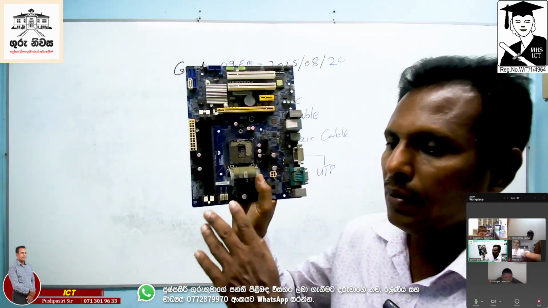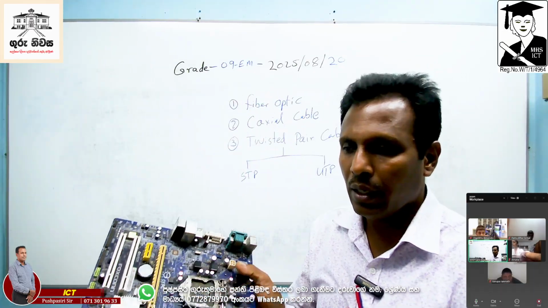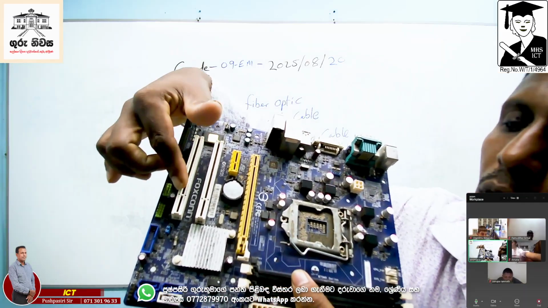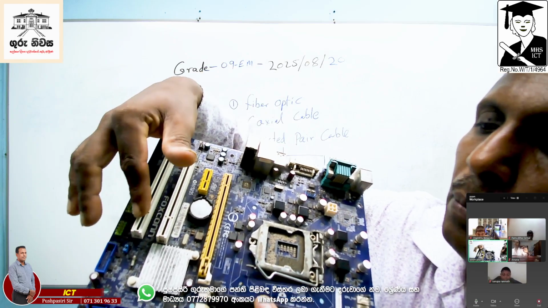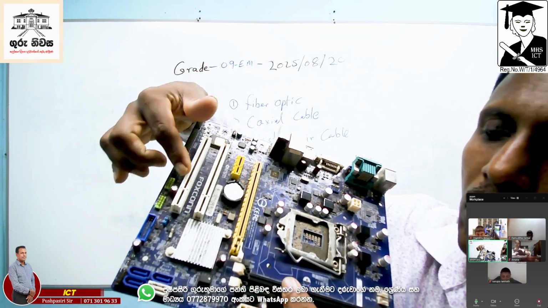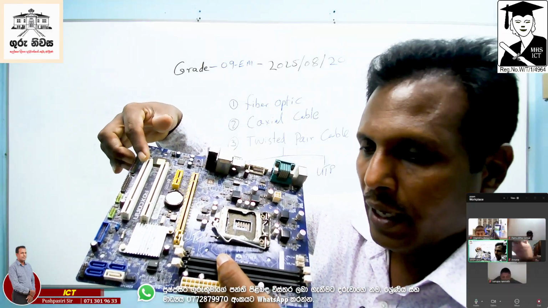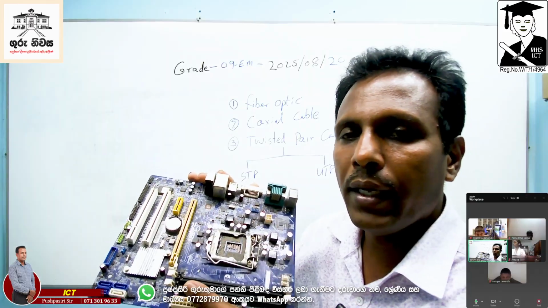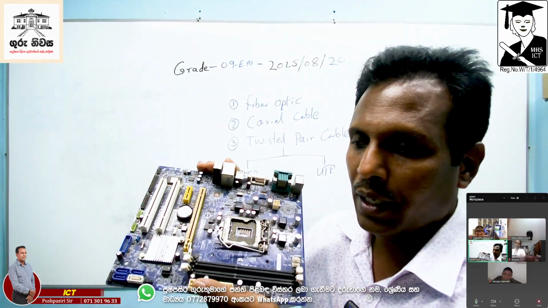This is a computer motherboard. Here you see some slots. We call these PCI slots. And there are some big black slots, which we call ISA slots in the computer.